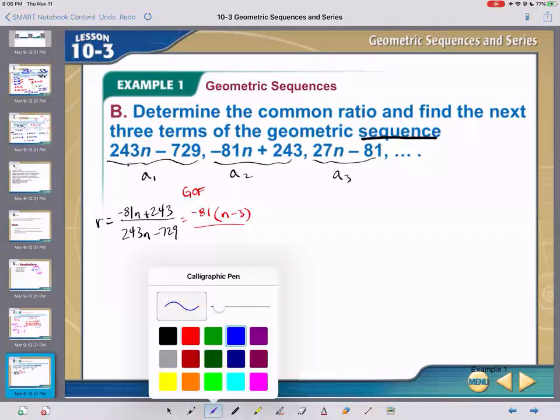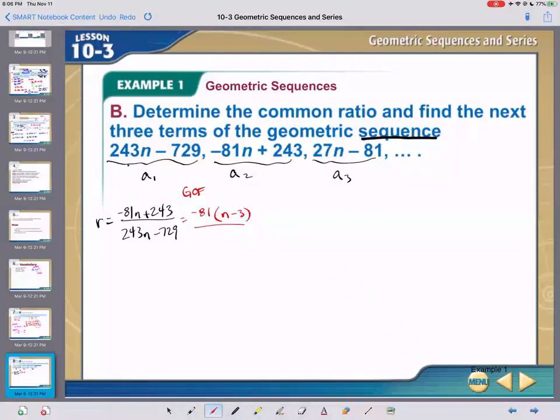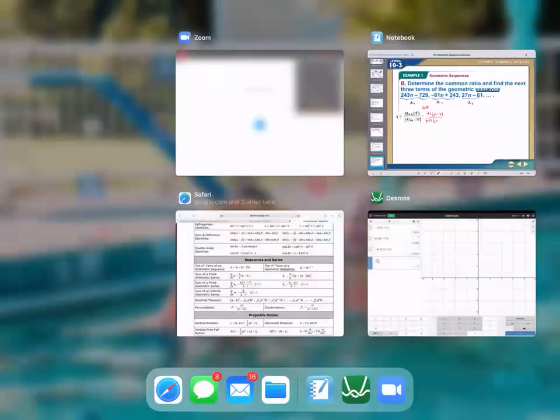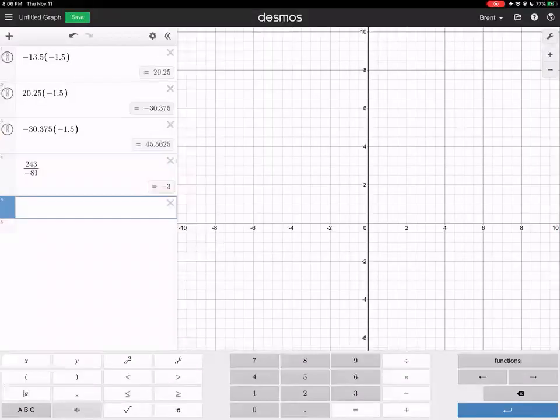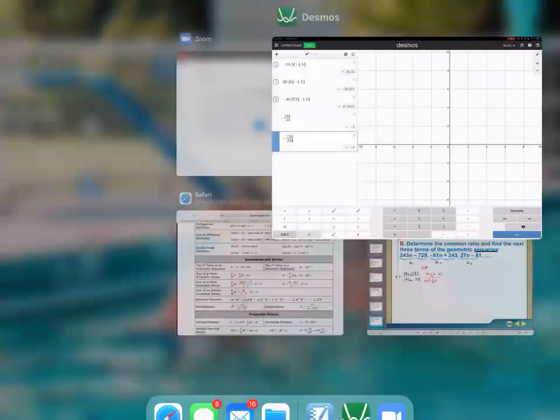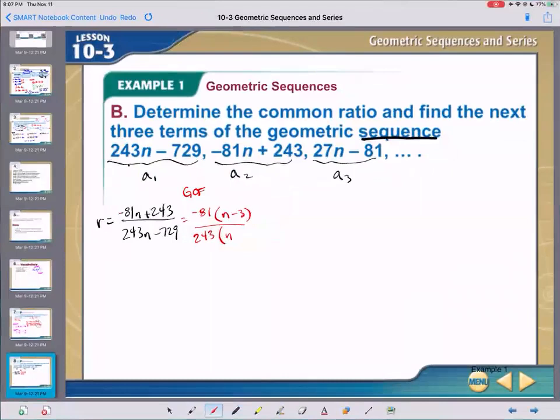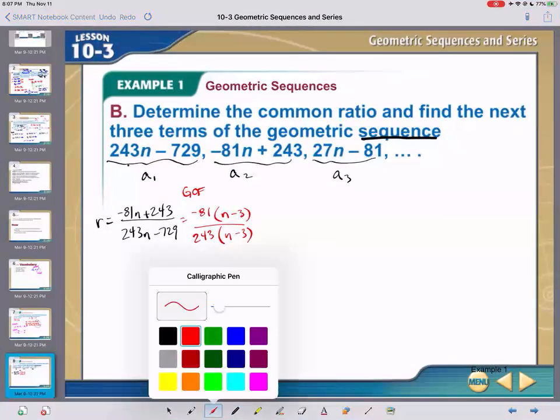Okay, so let me go back now to the denominator. It looks like to me 243 will go into both numbers, which will leave us n, and negative 729 divided by 243 is negative 3 again. Well, that's nice, because now what that means is I have a common factor.